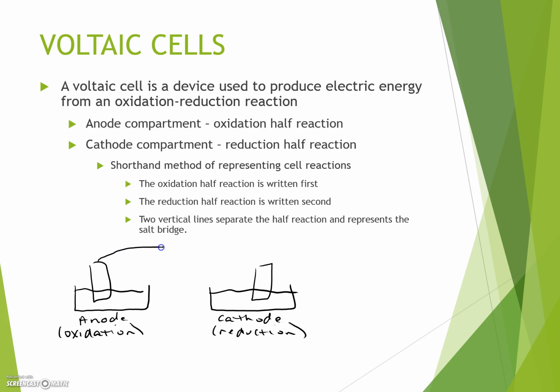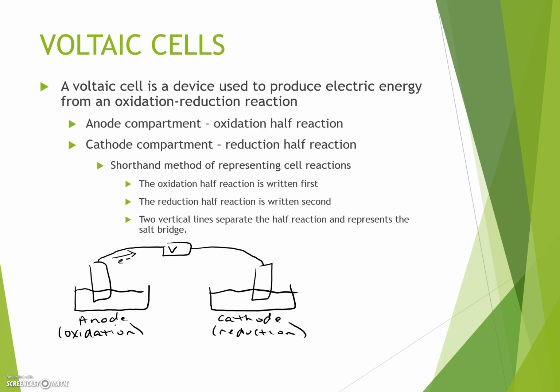The two metal strips are connected by a wire which allows electrons to flow. And there's a voltmeter which allows us to measure the voltage. The electrons are generated at the anode and are going to be consumed at the cathode, so the electrons are going to be flowing from the anode to the cathode, and that's alphabetical.